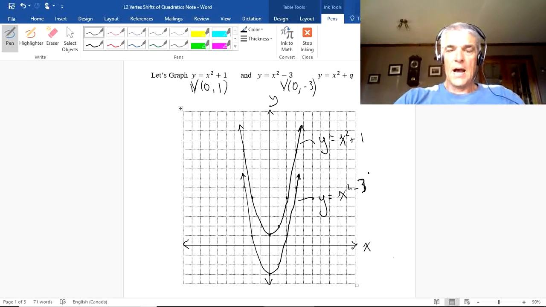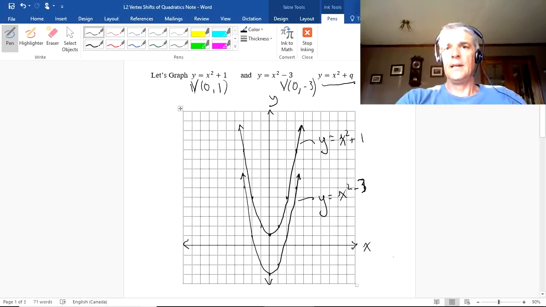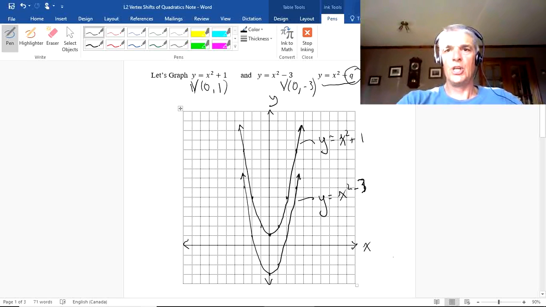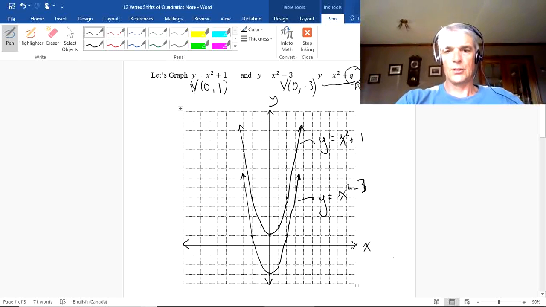Okay. Now, one thing you'll notice is that I wrote on here y equals x squared plus q. So we give a variable letter to it, and we call that number q. So whatever we're going up or down, we call it q. And later on, we're going to talk about the vertex, and we're going to say q in your equation is your vertex, okay?